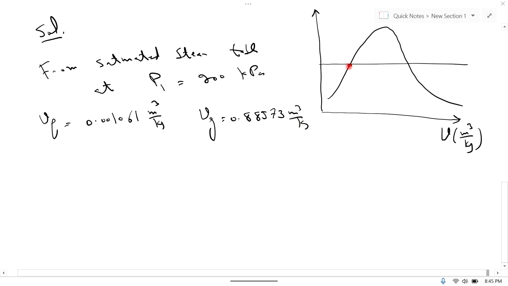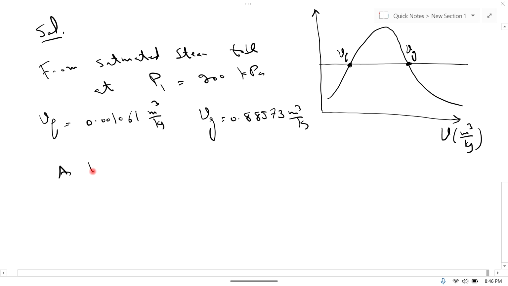Let's suppose this is Vf and this is Vg. This is Vg, this one is V, but V given to us is greater than this one. It means that the initial point is in the superheated region.